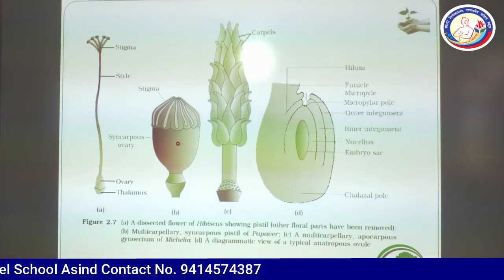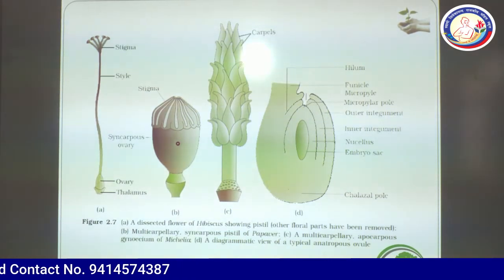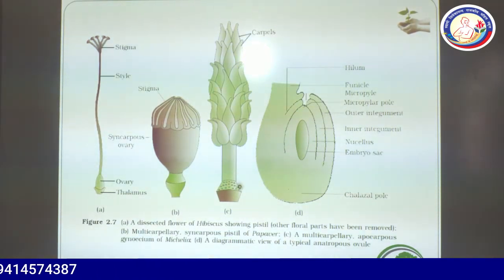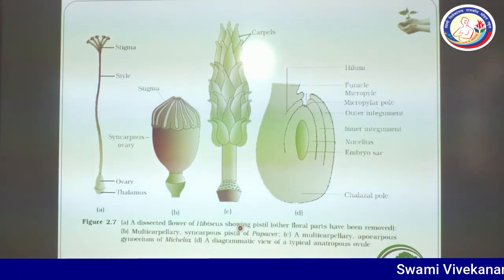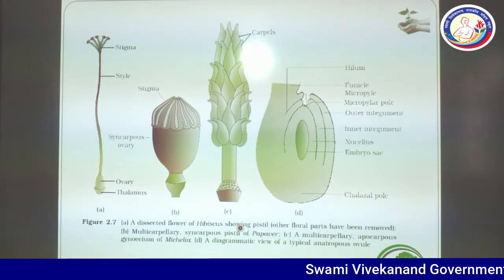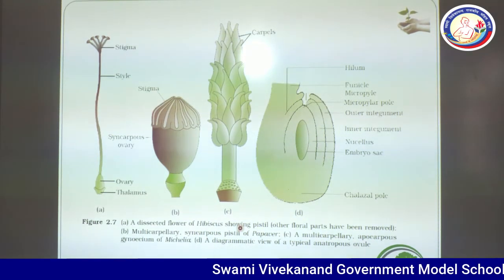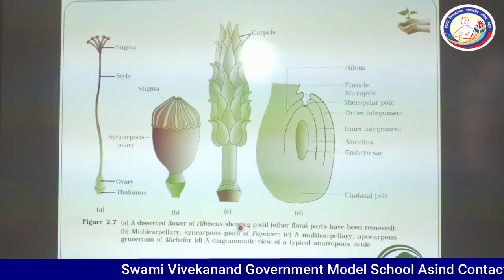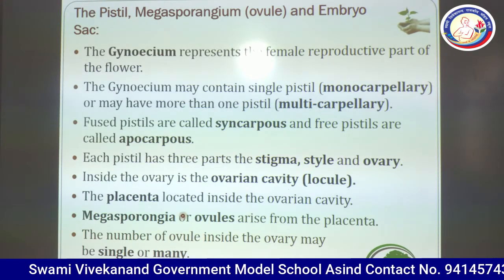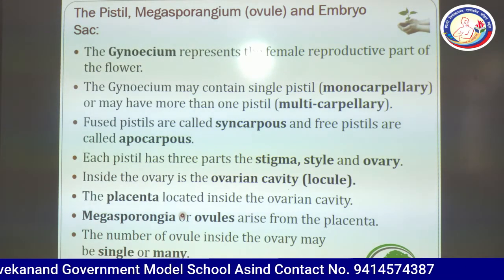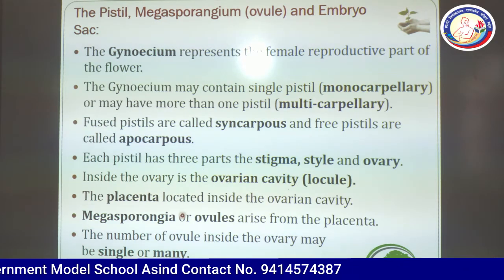This is also known as the poppy plant. Similarly, in figure C, a multicarpellary structure, apocarpous condition in Michelia. So have a look in detail at the structure.